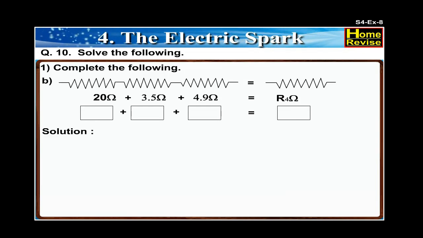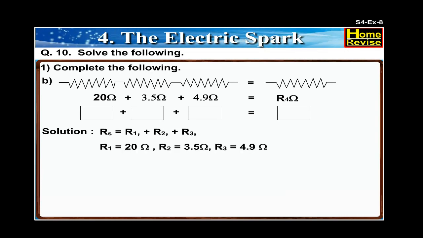Solution. Rs is equal to R1 plus R2 plus R3. Substituting the values, R1 is equal to 20 ohms, R2 is equal to 3.5 ohms, R3 is equal to 4.9 ohms.